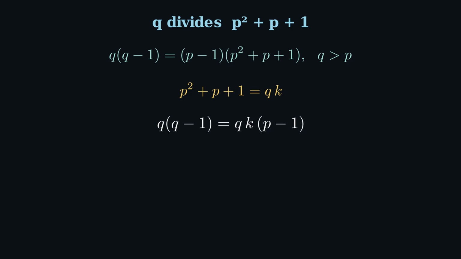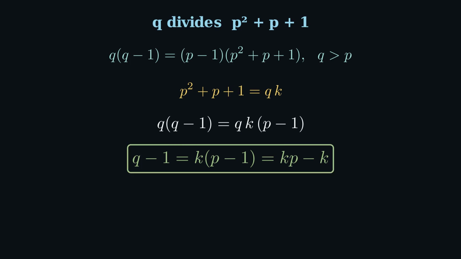And of course, I can just divide out the q's here, because that's not a problem. So we have q minus 1 equals k times p minus 1. And we can multiply out the k here, which equals kp minus k.